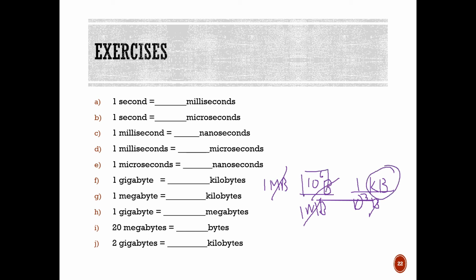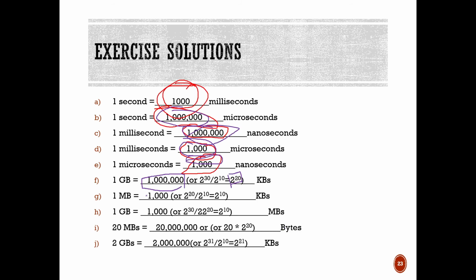We're left with 10 to the 6th over 10 to the 3rd. After we divide those out, it'd be 10 to the 3 kilobytes, or 1,000 kilobytes. So we can see here, 1,000.